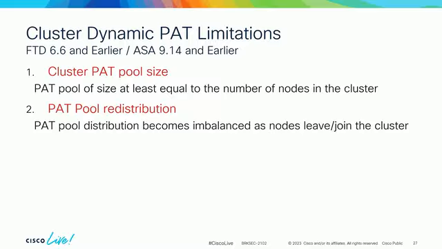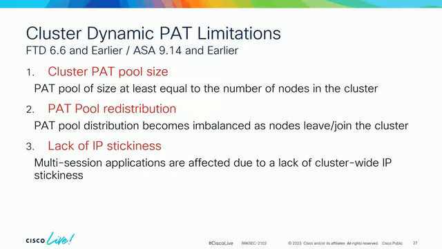And the third one is the lack of IP stickiness. And with IP stickiness, I mean the ability to translate multiple connections from the same host to the same IP address. Because the way it works is that, let's suppose that we have a client machine, and this client machine is generating multiple connections.